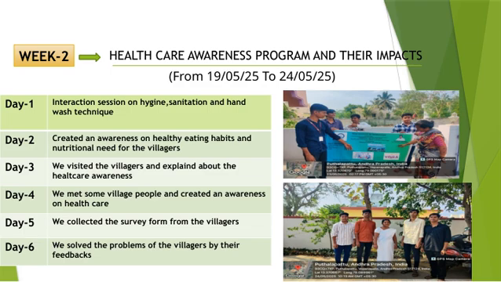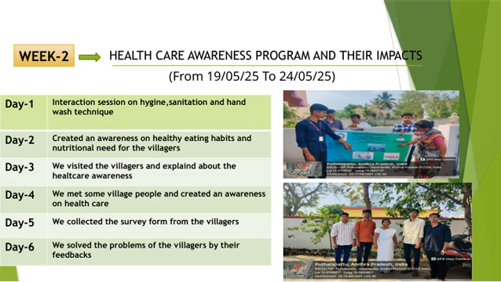Visiting the villagers allowed us to personally explain the significance of healthcare awareness, making the information more relatable and accessible. Meeting with community members gave us valuable insights into their concerns, and we used their feedback to address specific health issues they face. Collecting survey forms was essential for understanding their needs and measuring the effectiveness of our efforts.